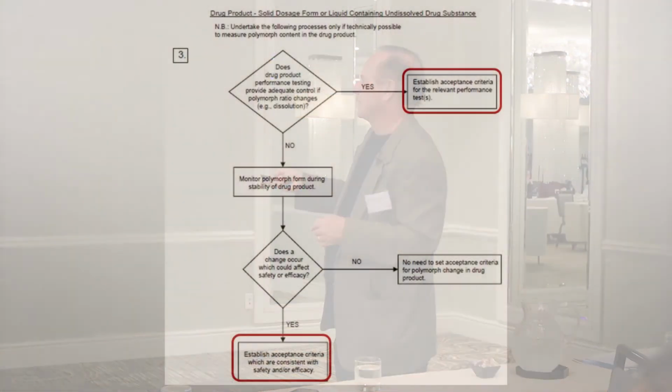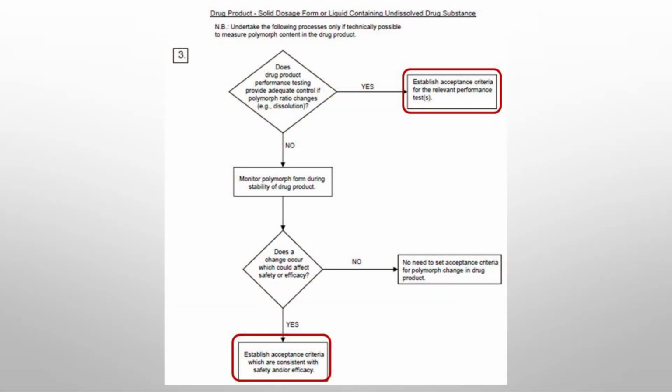I'm not going to get into them here, but generally you try to have a qualitative method for identification of the form of the final product, the API. The next slide goes to that: you monitor during your stability, your accelerated stability testing, to ensure that there's no interconversion of forms and that the form stays the same.